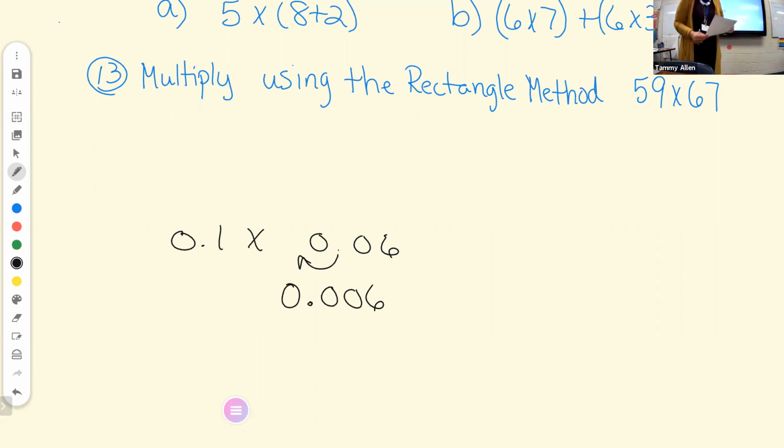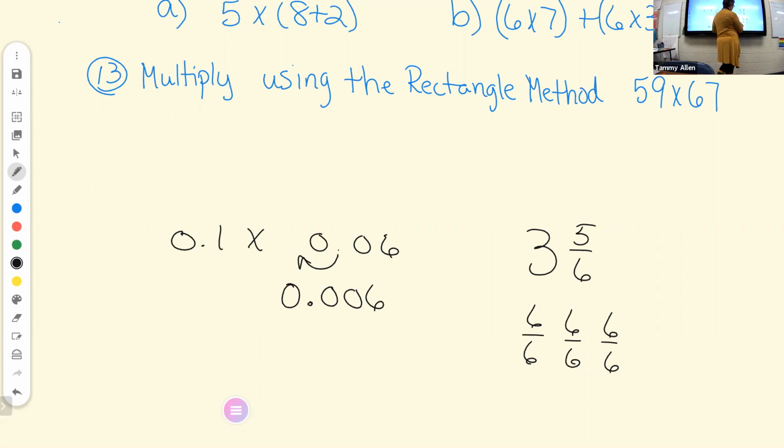Number two, 3 and 5/6. We want it as an improper fraction. Finley, talk to us about that one. Okay, so we have 3 groups of 6, so it's 3 times 6, and then we have another group of 5/6 to add.